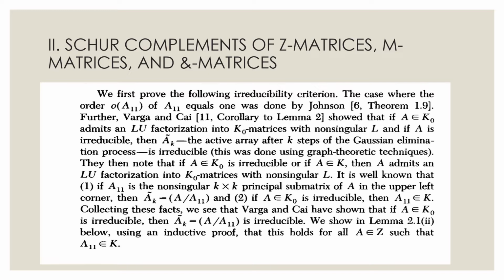Second, if A is in K-naught and is irreducible, then A11 is in K. Combining these facts, we see that Varga and Cai have shown that if A is in K-naught and irreducible, then A bar K, which equals A/A11, is irreducible. We show in Lemma 2.1 and 2.12 below, using an inductive proof, that this holds for all A in Z such that A11 is in K.